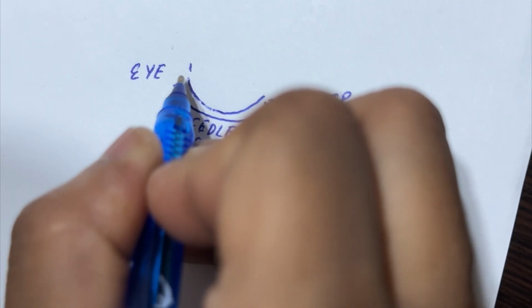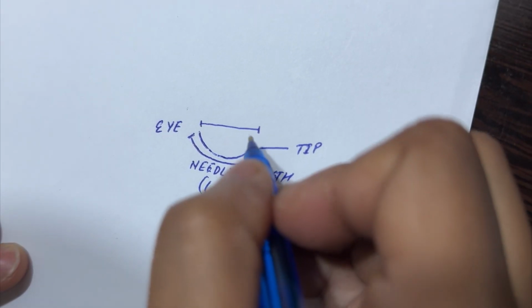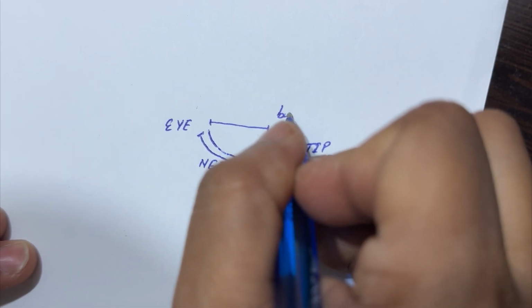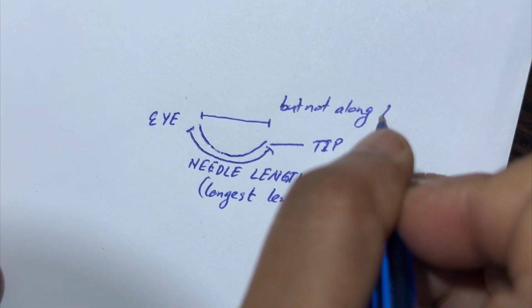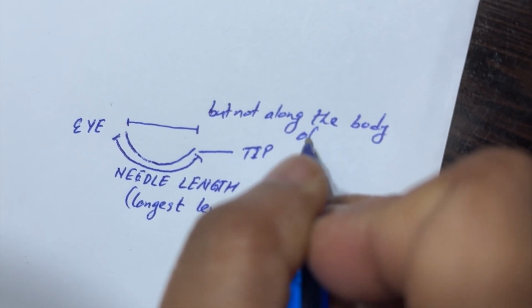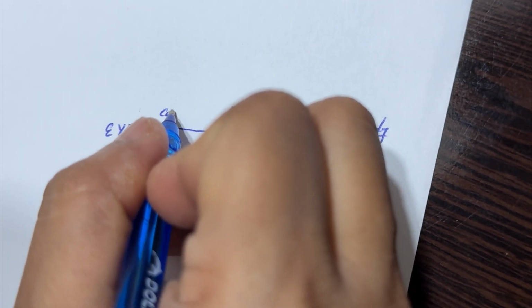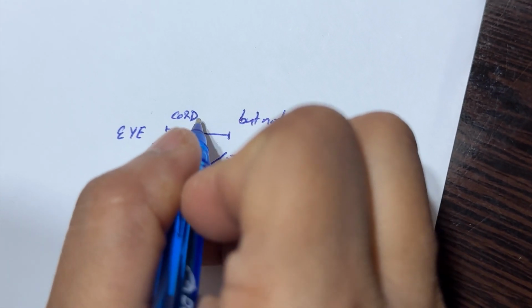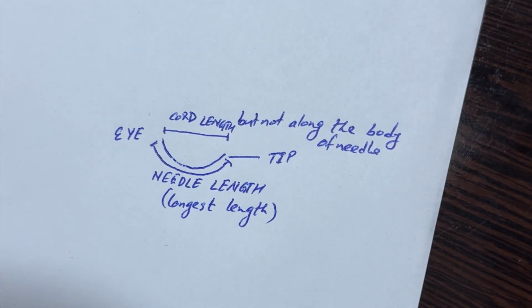Now the distance from this portion, that is the eye, till the tip, understood, but not along the body of the needle, this is called the chord length, okay?